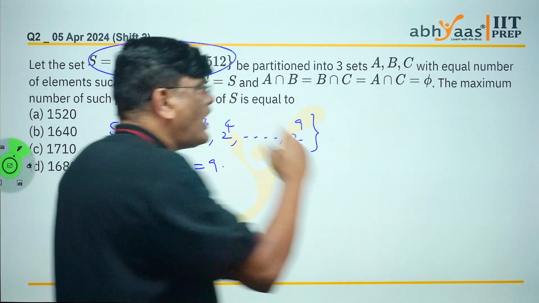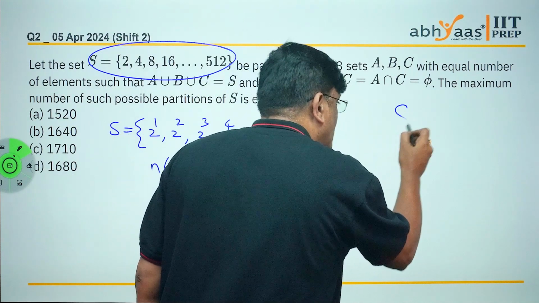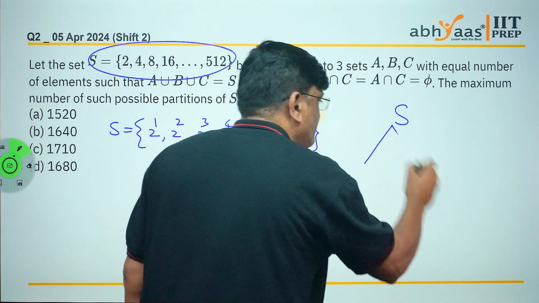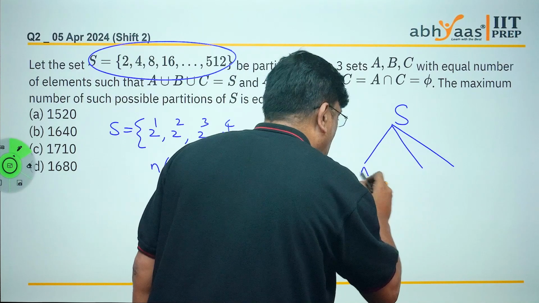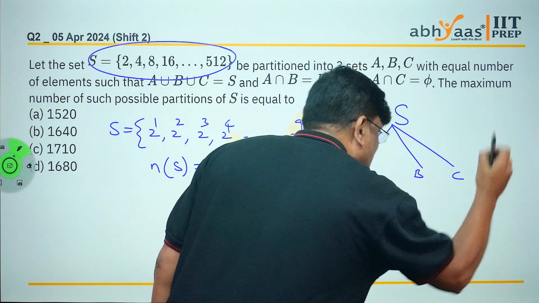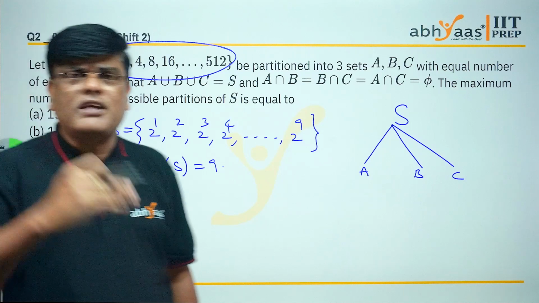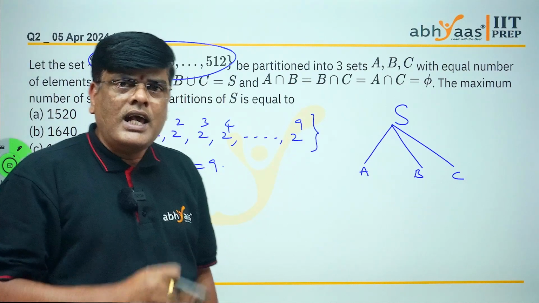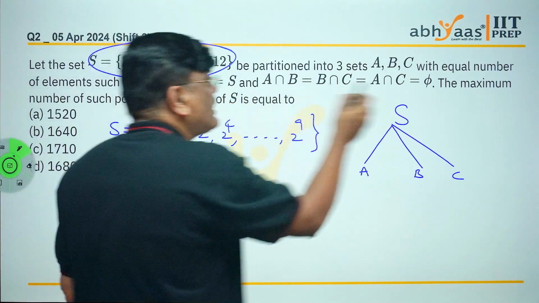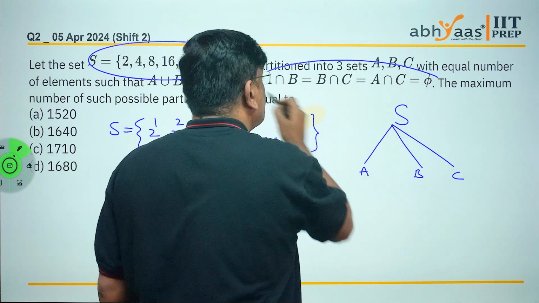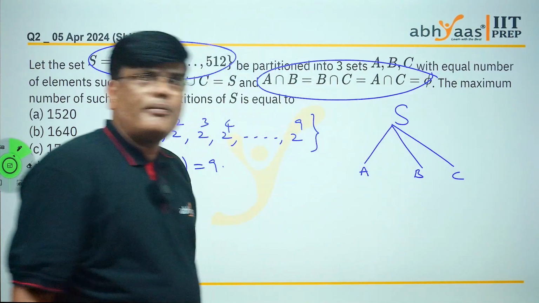Next, what is given here? Now we are partitioning this set S into 3 sets A, B, C, such that A union B union C will be equal to S, and A intersection B, B intersection C, A intersection C is the null set. Now what is the meaning of this?